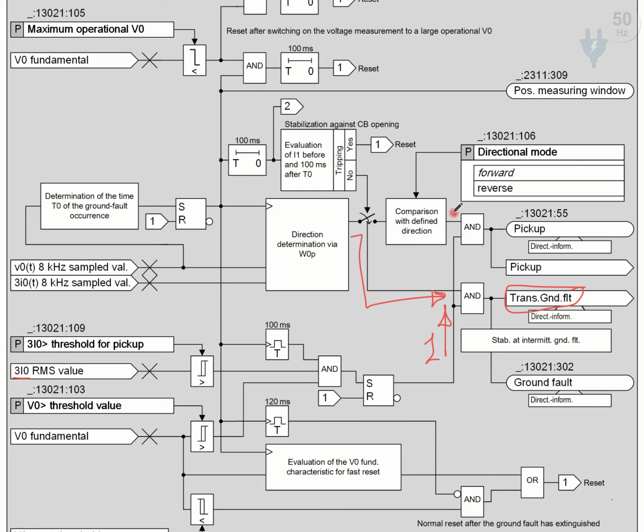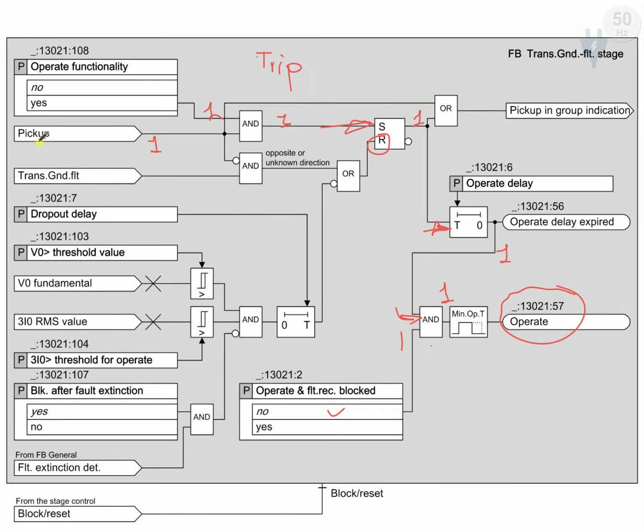suppose this block could not analyze and understand which direction it is, then without the determination of the direction, this one becomes 0, and here it is 1, and when 0 the output is 0, so we don't have a pickup, but we have a transient ground fault. Here it is 0, and the transient ground fault signal is 1.